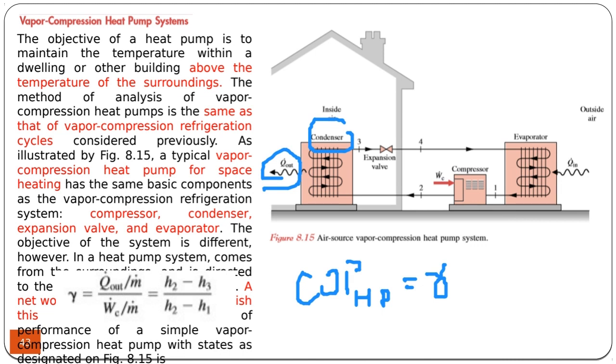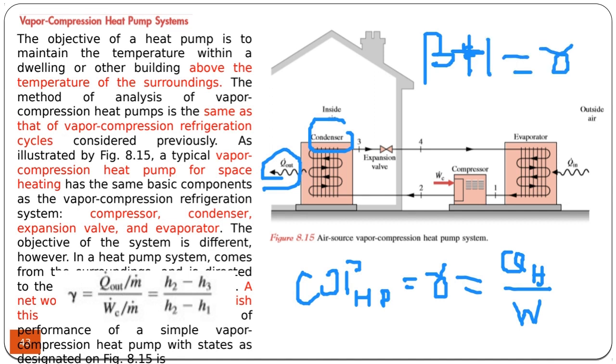This one is defined with gamma, and this time we're going to use as the output QH, the condenser heat, divided by the same W. And it's interesting to see that beta plus 1 is equal to gamma, meaning that using an air conditioner system as a heater is more energy efficient than using it as a refrigerator.